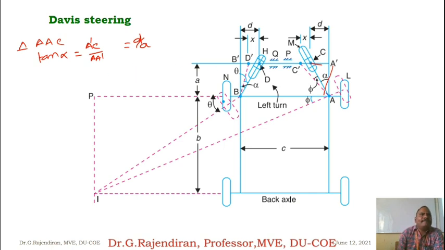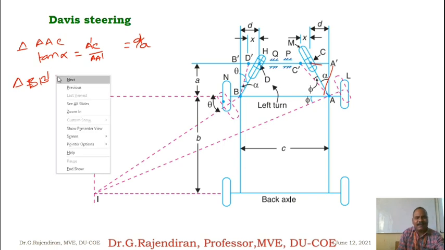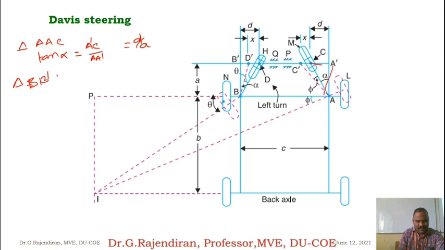On the left hand side, what is the triangle? First triangle, triangle B, B dash, D dash. What will come?